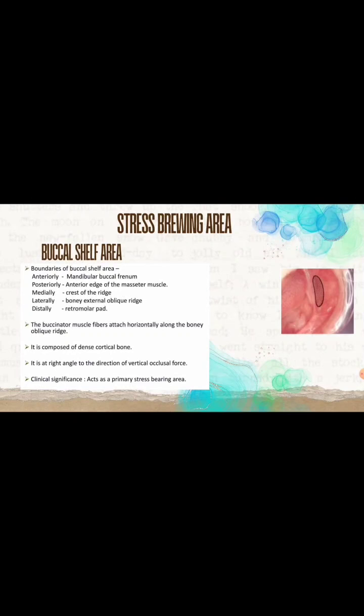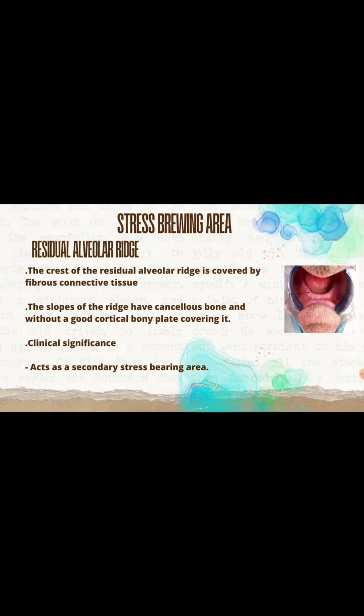The buccal shelf area lies anteriorly at the mandibular buccal frenum, posteriorly at the anterior edge of the masseter muscle, medially at the crest of the ridge, laterally at the external oblique ridge, and distally at the retromolar pad.